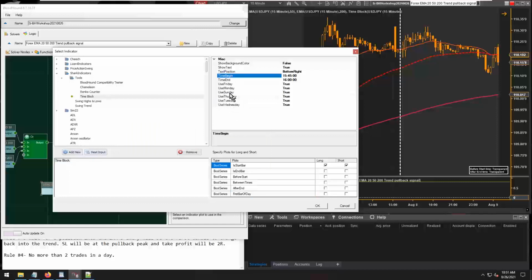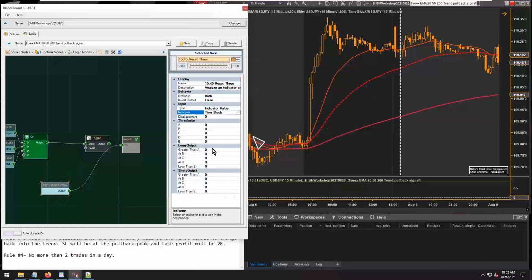But for now, we just need to set the beginning time, and we want to identify the start bar here. Let me click OK. And we can leave all the thresholds at 0. And what we want to look for is a value greater than 0, right? So A is set to 0.